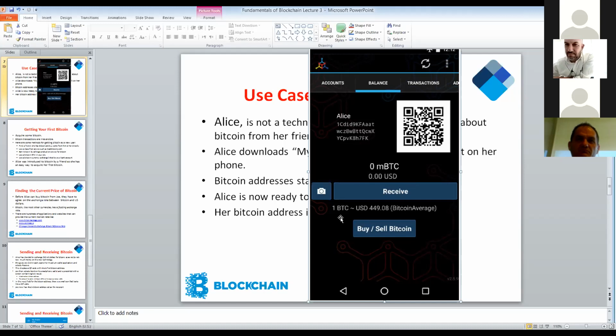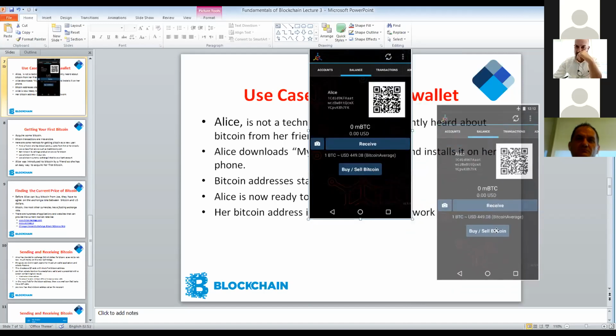At the time when she started using it, 1 Bitcoin was equal to USD 449. I'm talking about somewhere around 2010-11. I have taken an old use case so you can understand the value of Bitcoin. Now it is 12,000. So if you had bought one Bitcoin at that time, you would now own $12,000. We will discuss in detail how she starts using it.